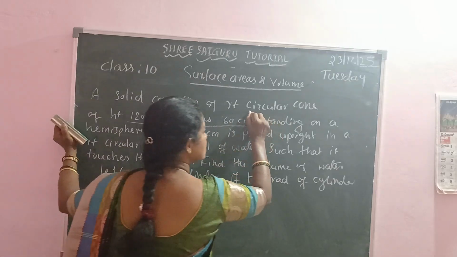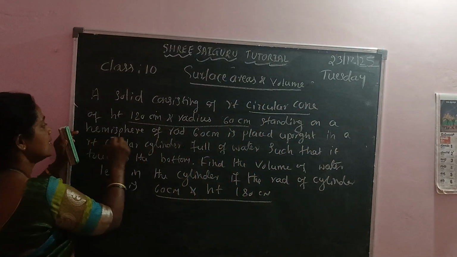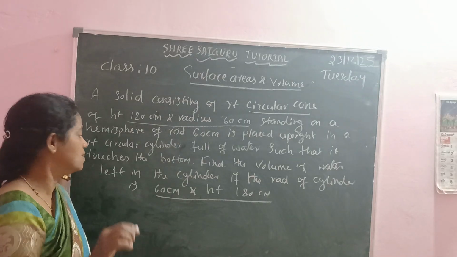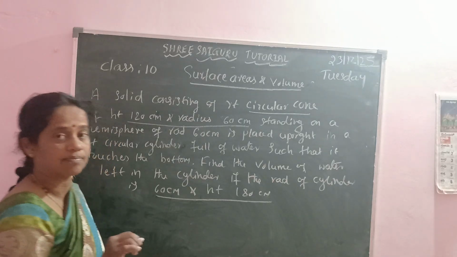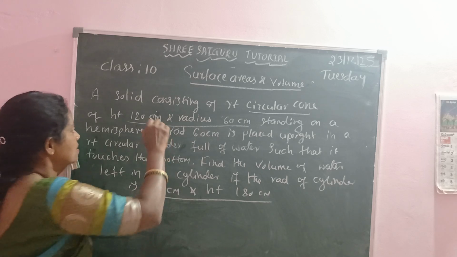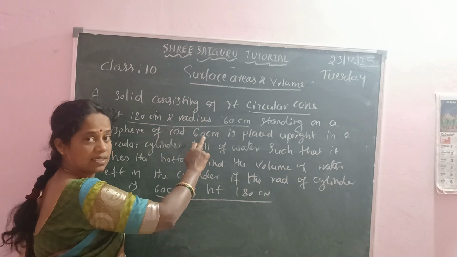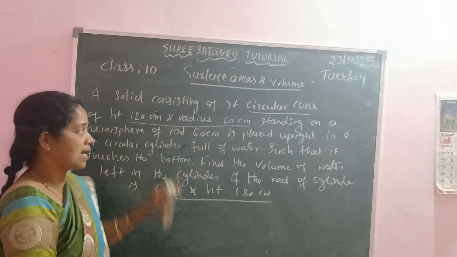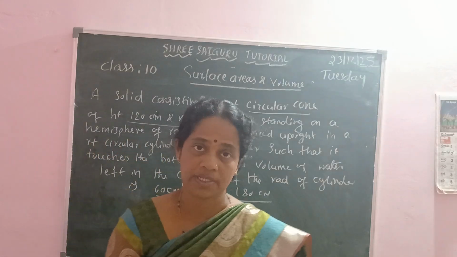The right circular cone and the hemisphere, which is placed upright in a circular cylinder. So inside this cylinder we have one more solid object, that is the combination of cone and hemisphere.